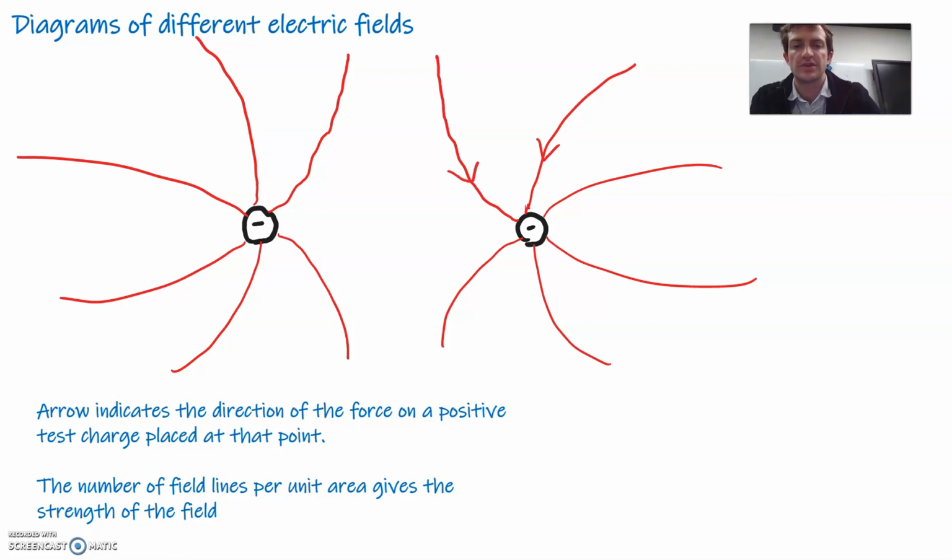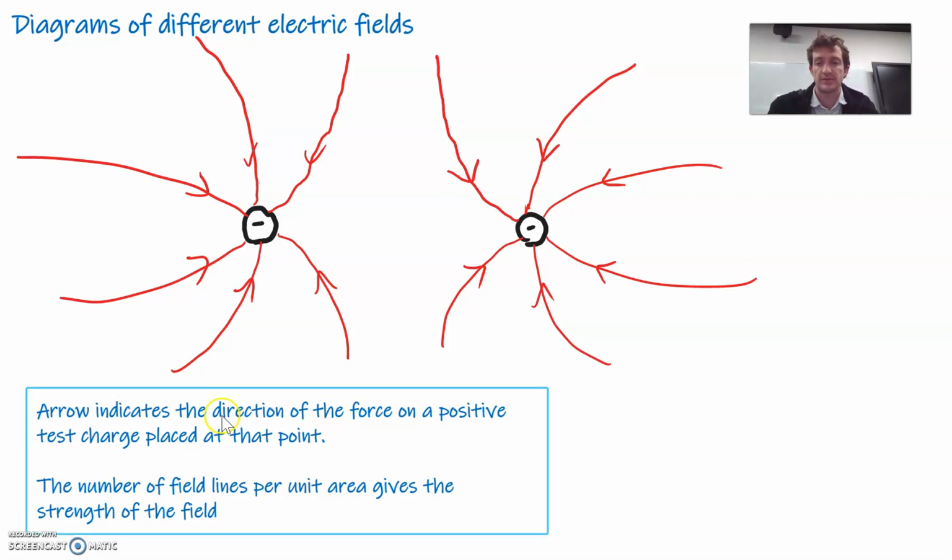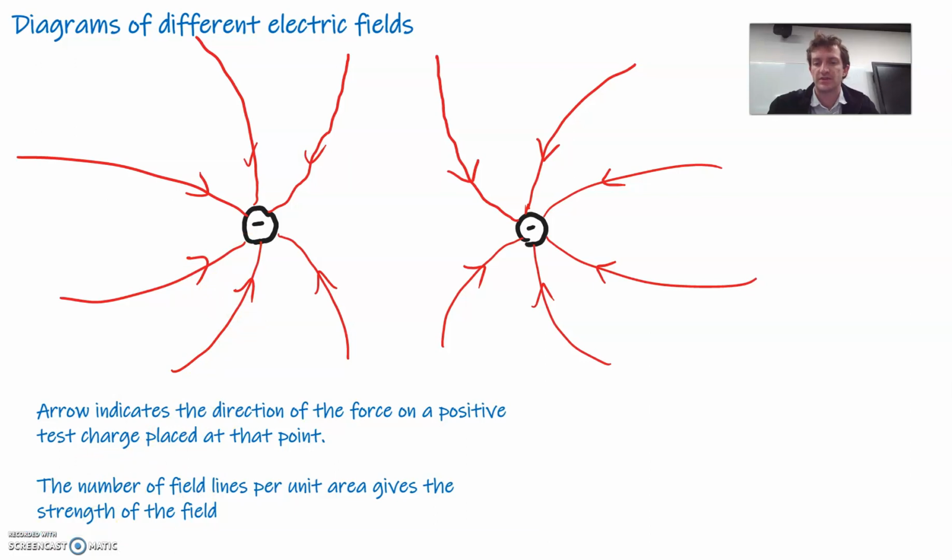The arrows point towards negative charges, like so, and there you have it. If we have positive charges, the arrows will be pointing outwards in the opposite direction, because positive charges should be repelled, so there we go, and they're attracted towards the negative ones.